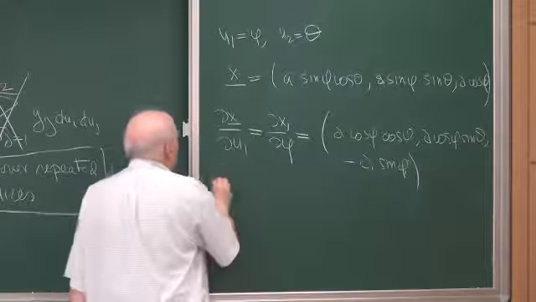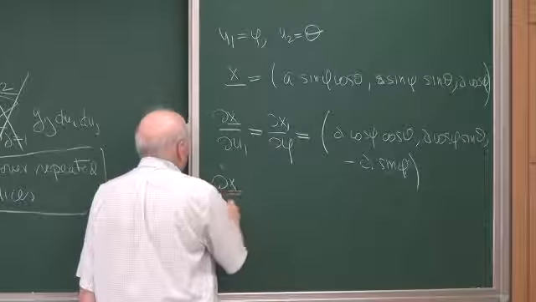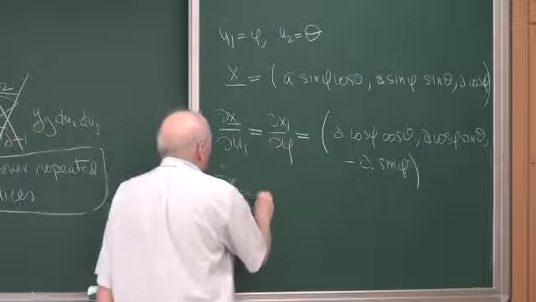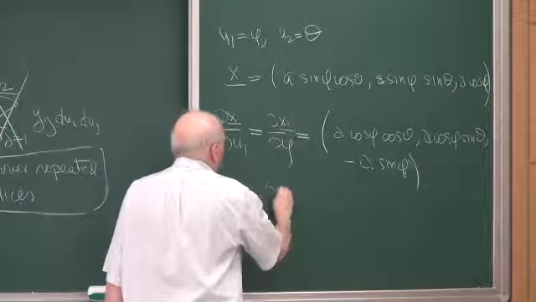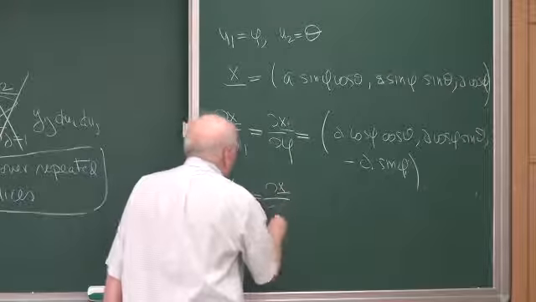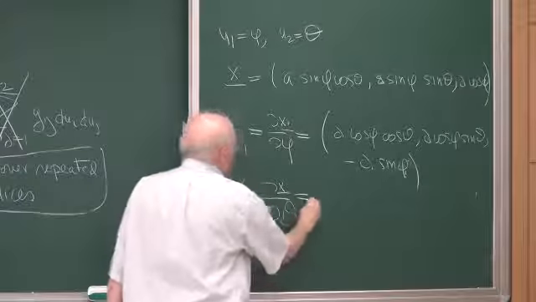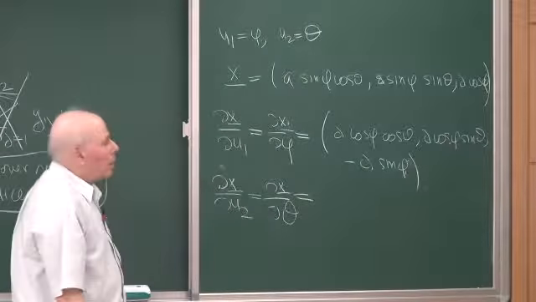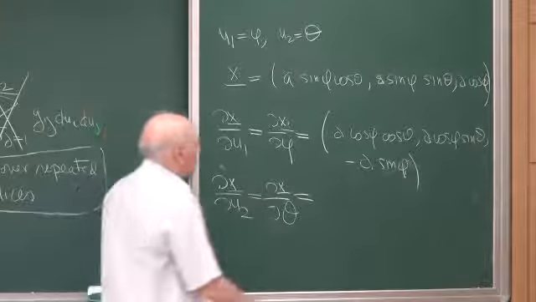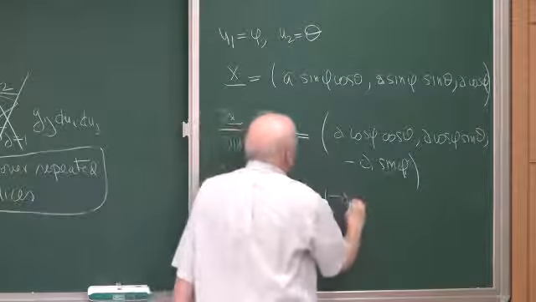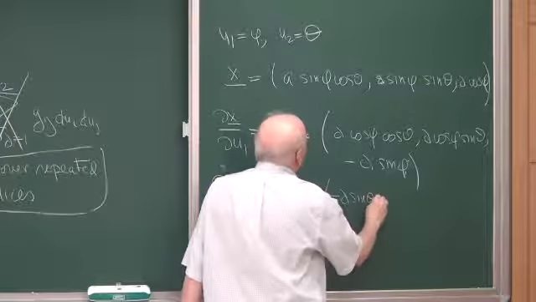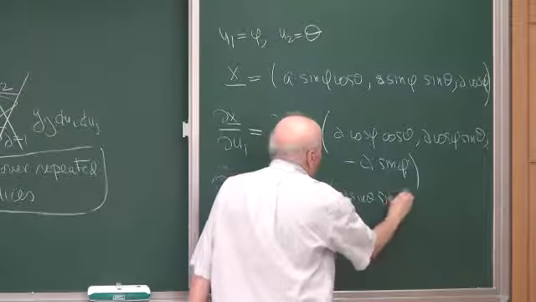And now I have to compute the partial of x with respect to u2, which is the partial of x with respect to theta. Okay, so now, if I don't make a mistake again, the derivative of the cosine is minus the sine, so it's minus a sine phi sine theta.